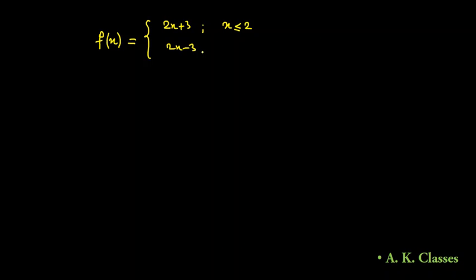Which point will it be? Minus 3 negative. What will be the value of f(x) for minus 3 negative? It is modulus of x plus 3. Now what will be the value of modulus of x? x tends to minus 3 negative, so it is negative x plus 3, correct.